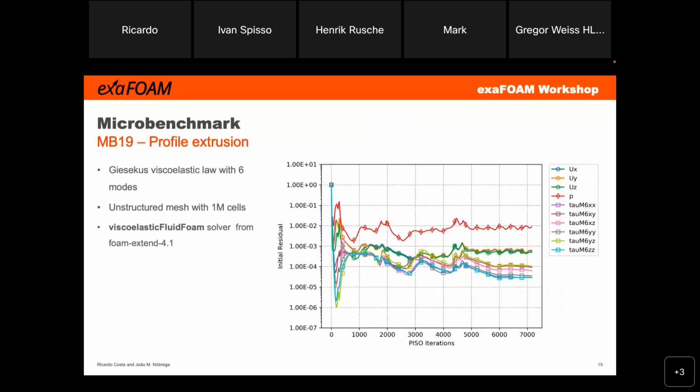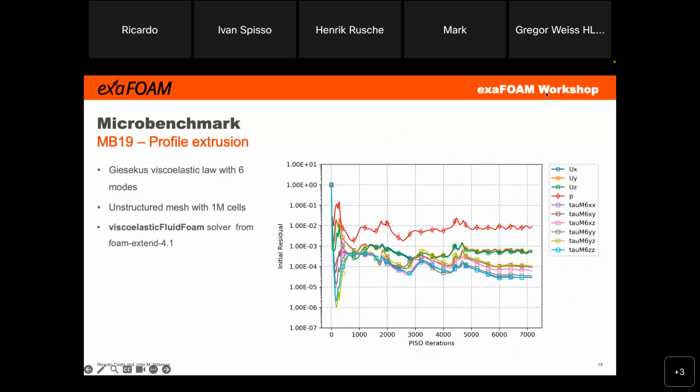Okay, so when we put this test running, in this case we consider a Giesekus viscoelastic law with 6 modes. I have a 1 million cells mesh, and as I said before, we use the viscoelastic FluidFoam solver. We can see that the residual of each of these variables stagnates.